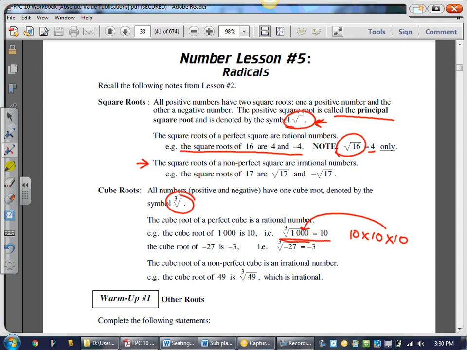The cube root of negative 27, you can put the negative under if the index is 3, because negative 3 times negative 3 times negative 3 gives you negative 27. You're allowed to have a negative if the index is odd. There is no cube root of 49, which you will see here. There is a square root, but there is not a cube root.